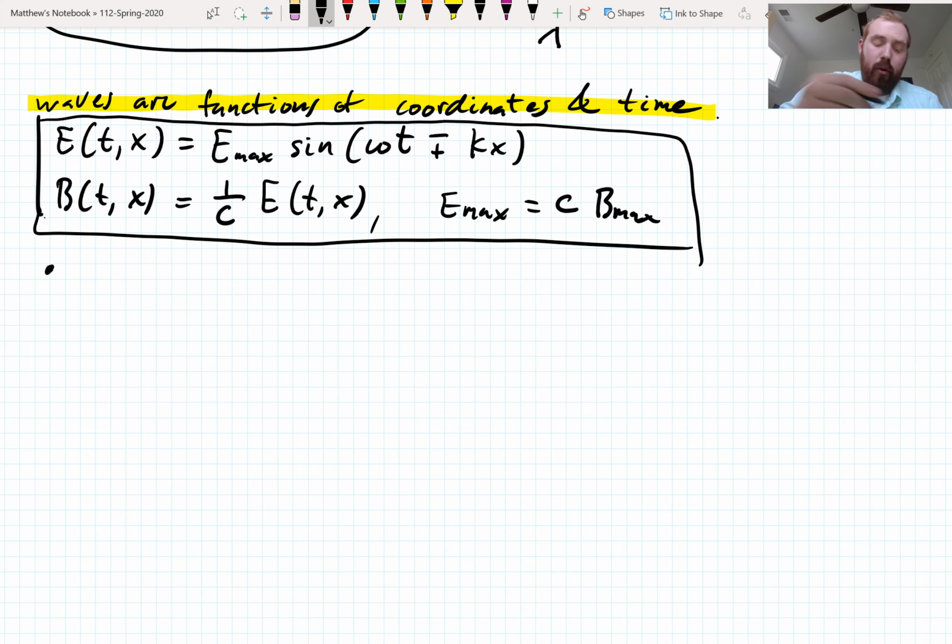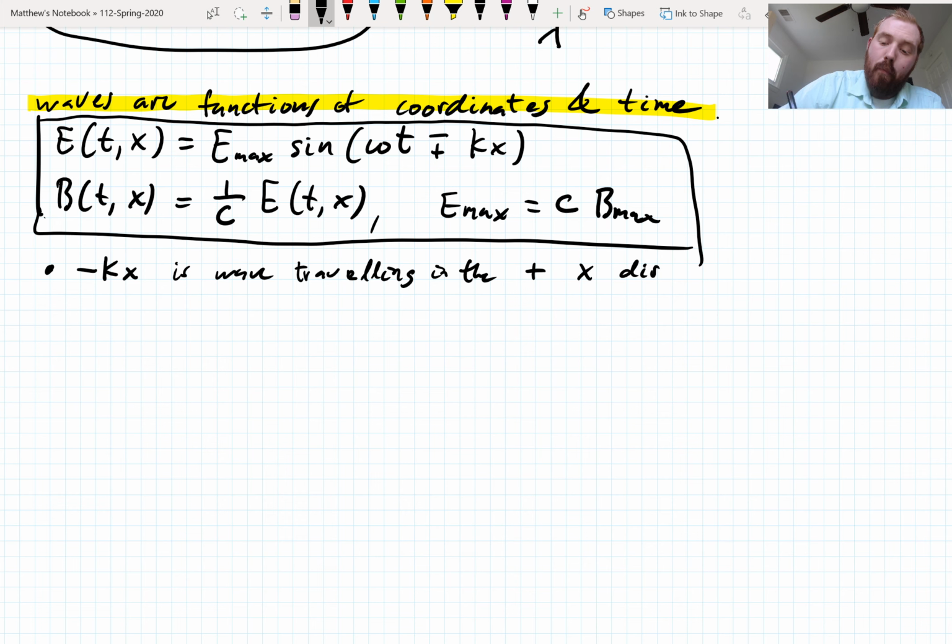Okay. If I have a function that is minus kx, that's a wave traveling to the right. That's a wave traveling in the positive x direction.